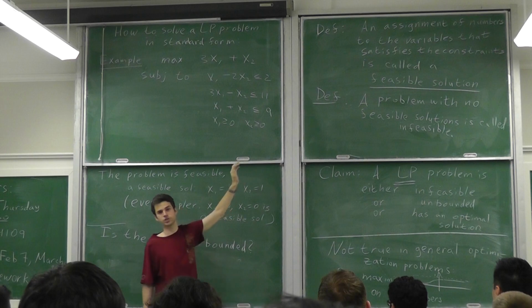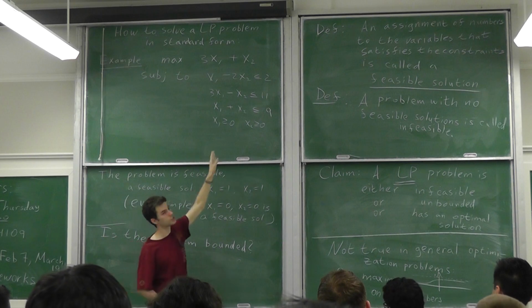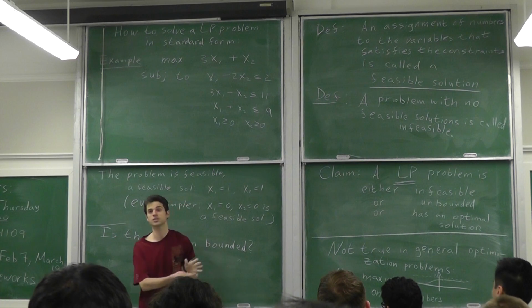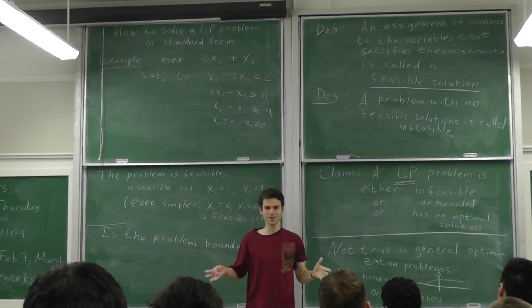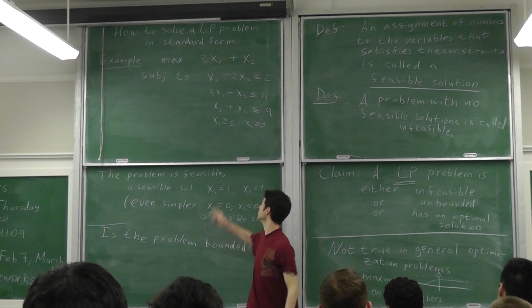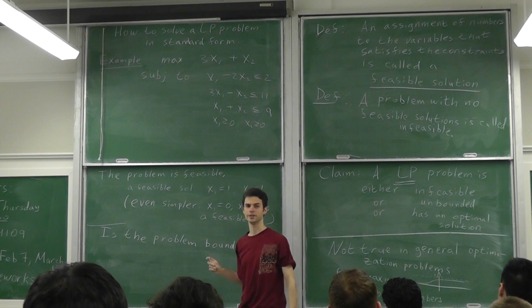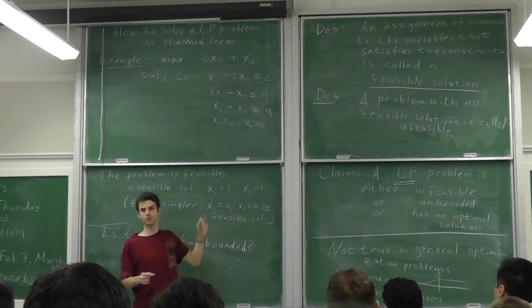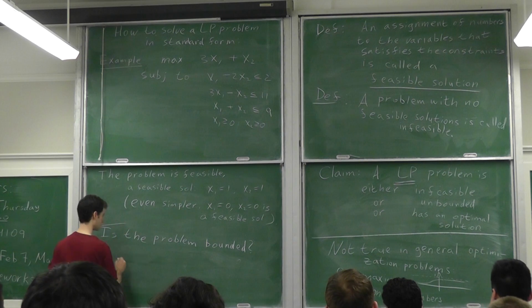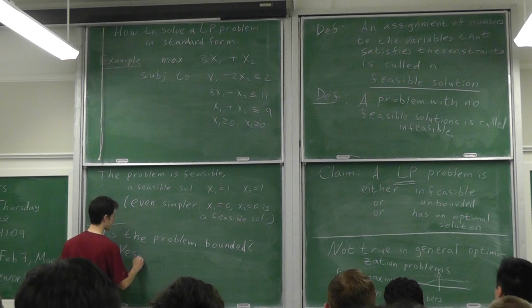Similarly about the second constraint: x1 is large, x2 is large, but the difference is smaller than 11. But the third constraint gives me quite a heavy bound. The sum must be at most 9. It means that each one of the variables, since it is positive, must be at most 9. So the answer is yes.